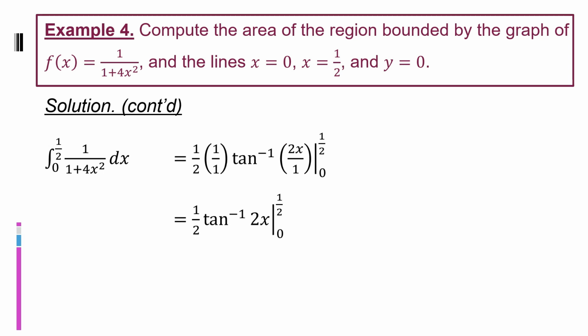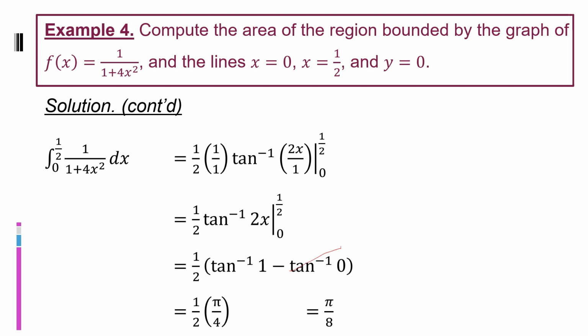Or that is just equal to 1/2 arctangent of 2x evaluated from 0 to 1/2. So we now have 1/2 times arctangent of 1 minus arctangent of 0. Arctangent of 0 is just equal to 0. So we now have 1/2 times pi over 4 because this is pi over 4. Or that is pi over 8.